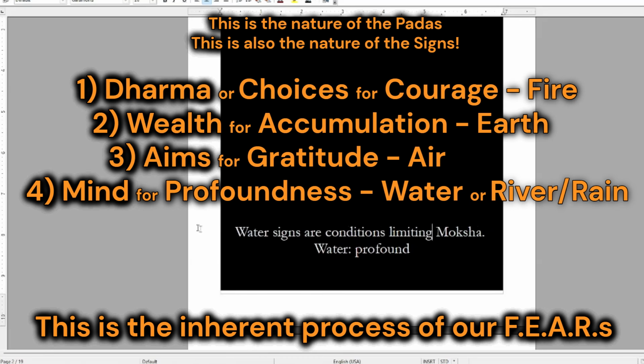Water signs are conditions limiting moksha. And in this, you find profundity. You find profoundness. You find the emotion that makes this important, whether it be extreme happiness or extreme displeasure.